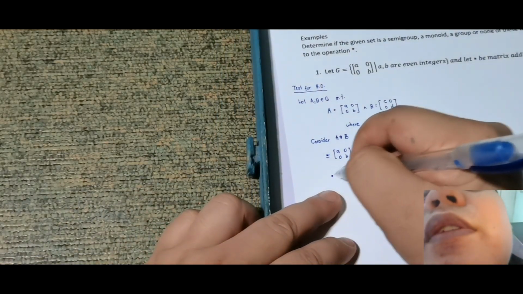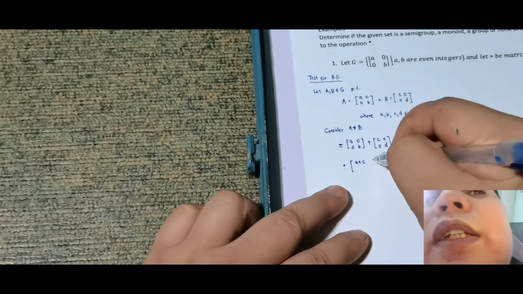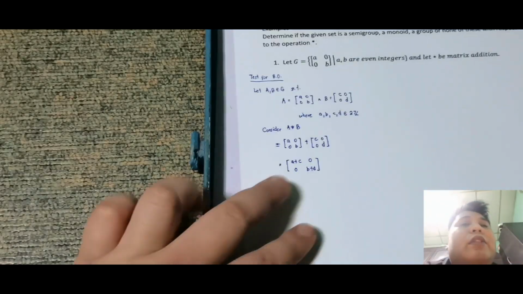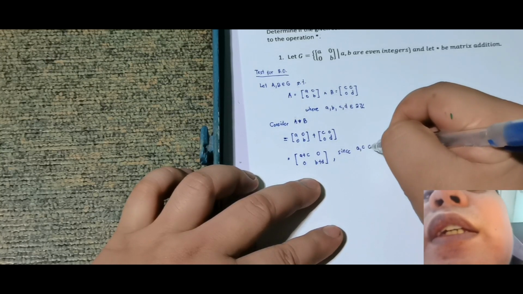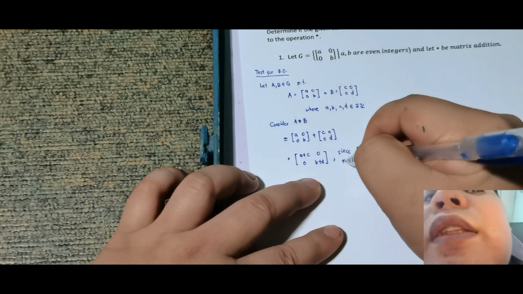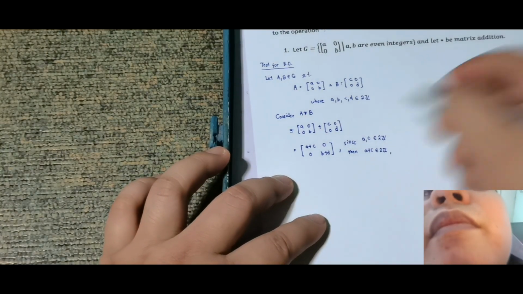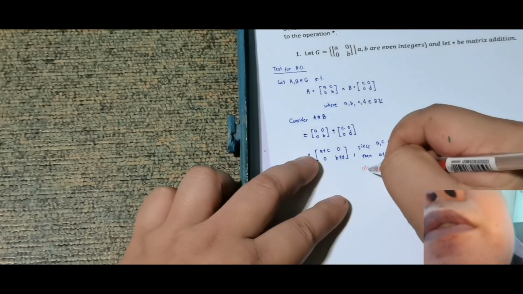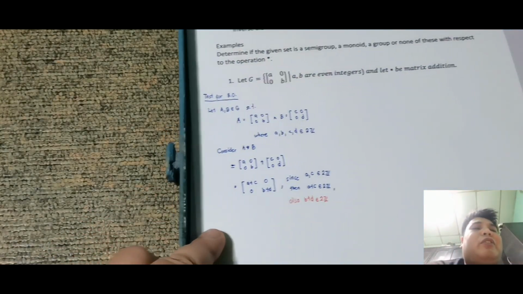Next, by addition of square matrix, since conformable naman sila, this is A plus C, then 0, then 0, then B plus D. Note, since A and C are elements of even integers, then A plus C is also an element of even integers. Also B plus D is an element of even integers.